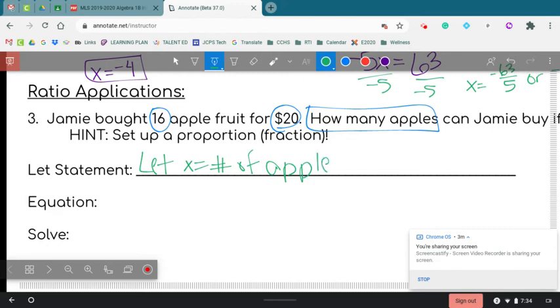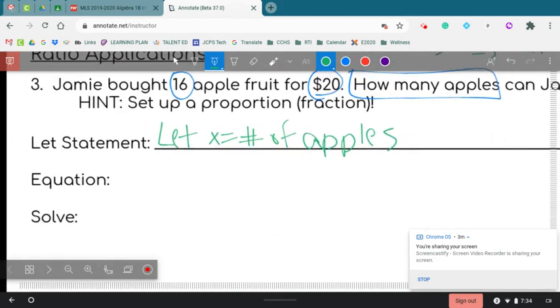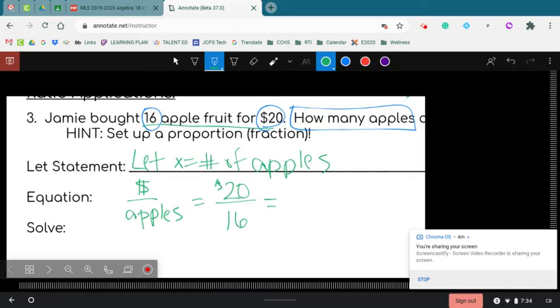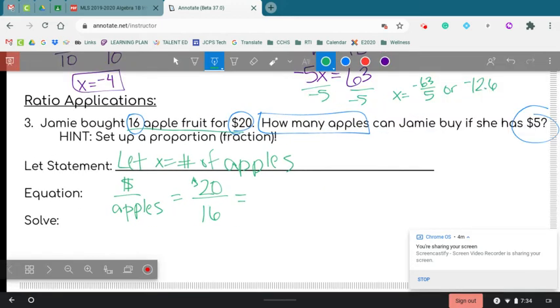So this is going to be a proportion. We can have money over apples. That's how we're going to set it up for both sides. The first one, she has 16 apples for $20. So I'm going to put the $20 on the top because that's the cost over 16 apples equals, the other one says she has $5.